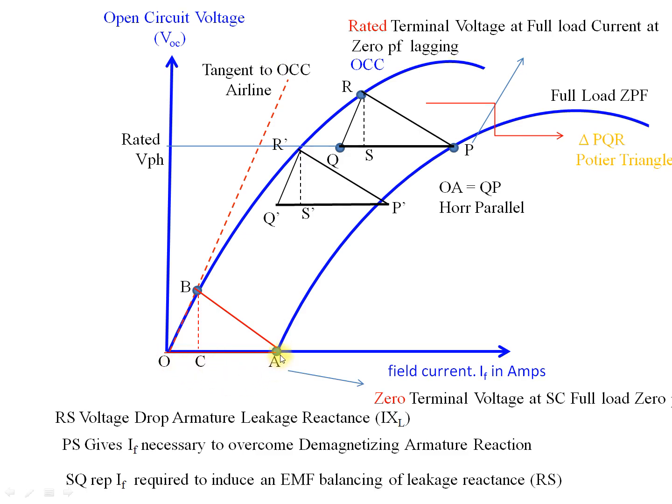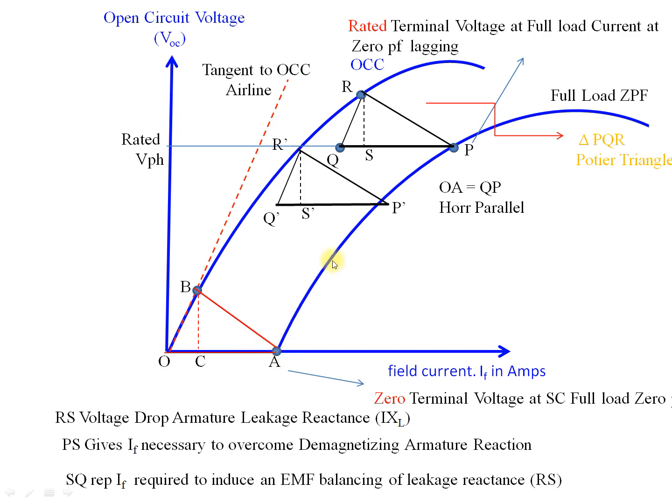This value is the zero terminal voltage at the full load short circuit current. So at the short circuit current, what is the value of the field current to supply that short circuit current?